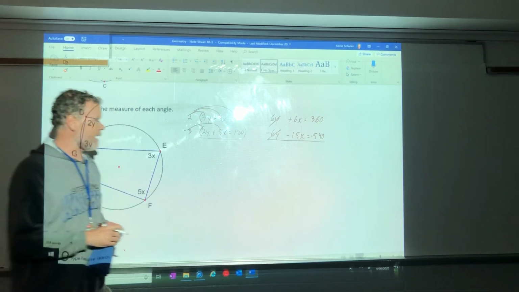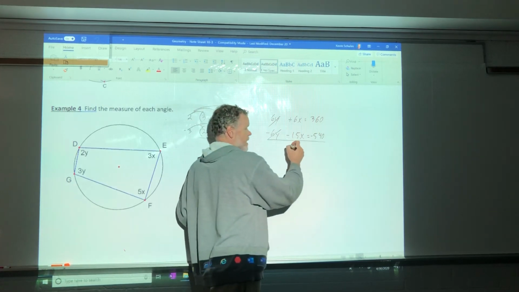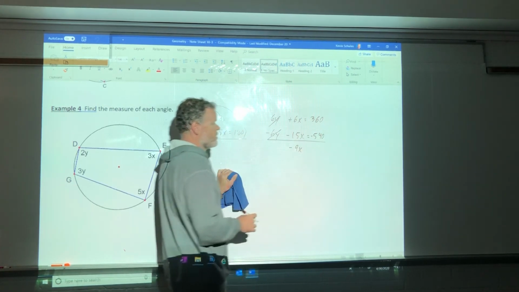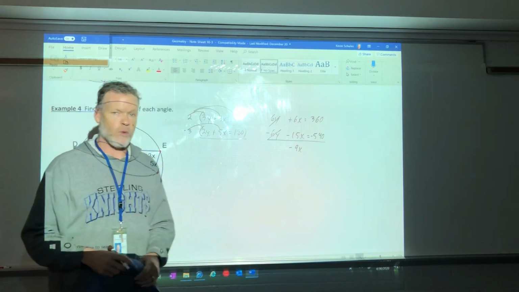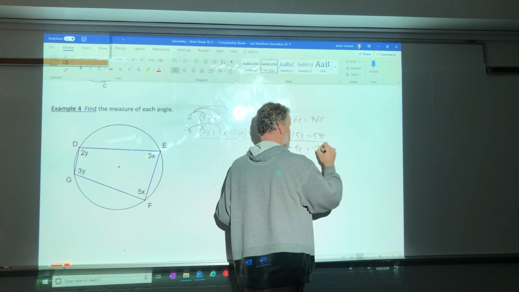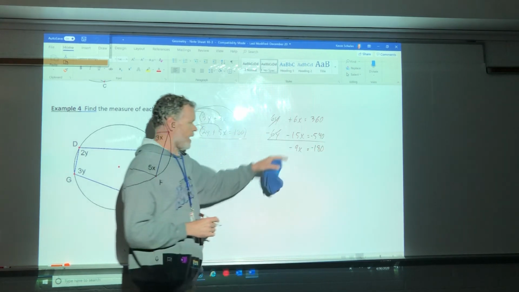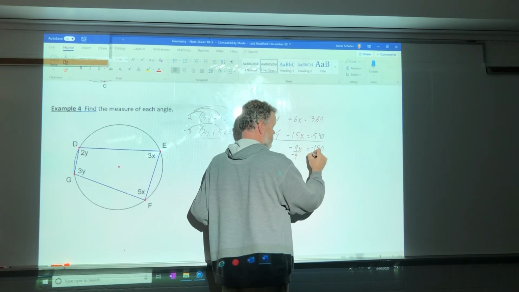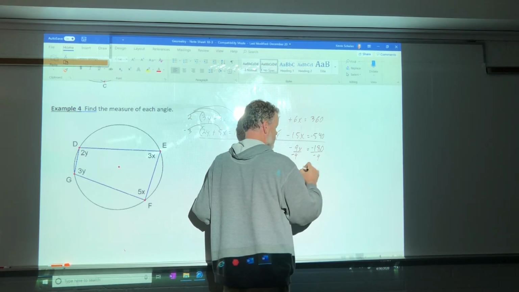So we have 6x minus 15x, which gives -9x, and 360 minus 540 gives us -180. We divide by -9, and we get x equals 20.